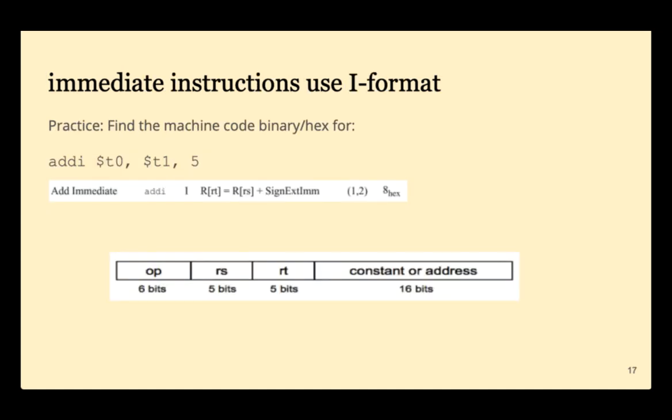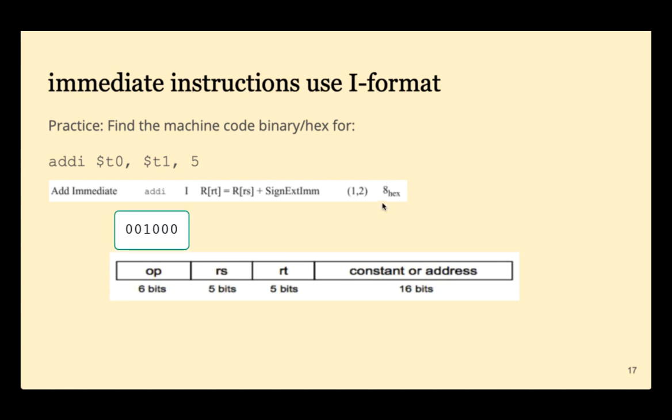Arithmetic and logic instructions have an immediate version. The arithmetic and logic instructions all use the R format, but the immediate versions use the I format. So you can see already that the I format is going to be very versatile. Let's look at how to find the machine code, binary, and hex for this addi.